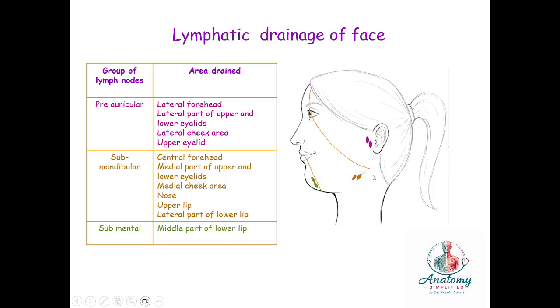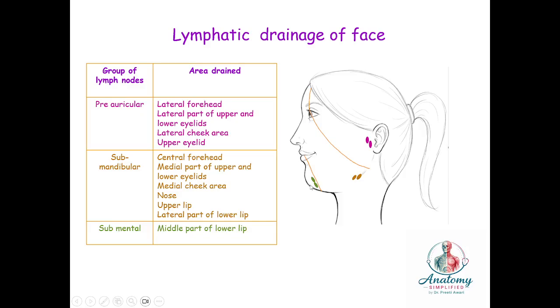Then we have a group present in relation with the submandibular fossa along with the submandibular gland, that is the submandibular group of lymph nodes. It is draining the central part of the forehead, the medial part of the upper and lower eyelids, then the lateral cheek area, the nose, the whole of the upper lip, and the lateral part of the lower lip. So this complete area will be drained by the submandibular group.